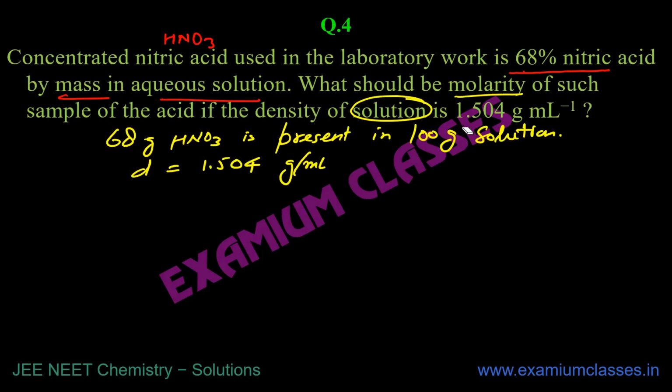Now, if molarity is asked, you need the volume of the solution. Certainly, and you can calculate the volume of the solution, because you will be assuming the mass of solution 100 gram, then HNO3 is 68 gram as per the information given. Yes, Utkarsh, molar mass we will need.